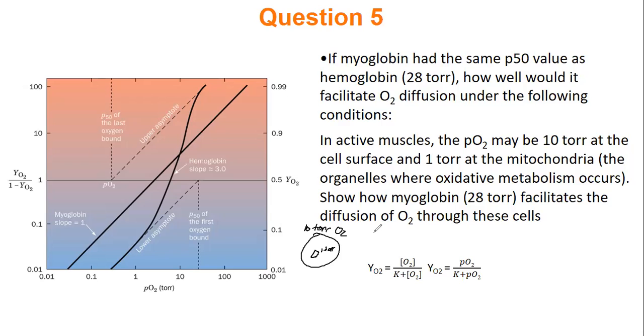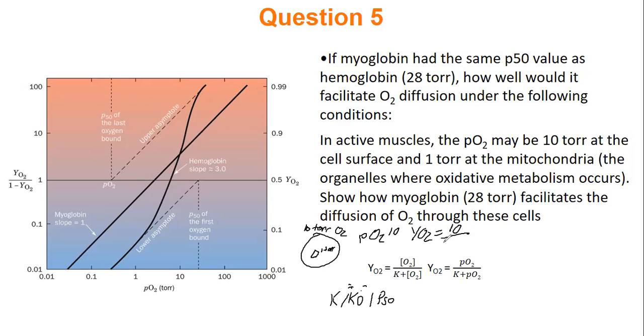So at the cell surface, where pressure of O2 is 10, fractional saturation is the pressure divided by K. Remember, K, KD, or P50 all mean the same thing for this problem. So in our equation it says K, and in the problem we say P50, they mean the same thing.